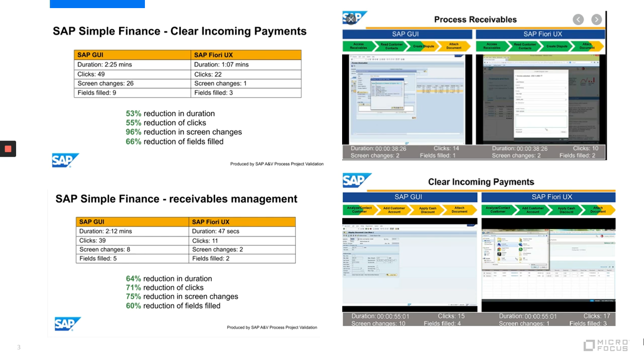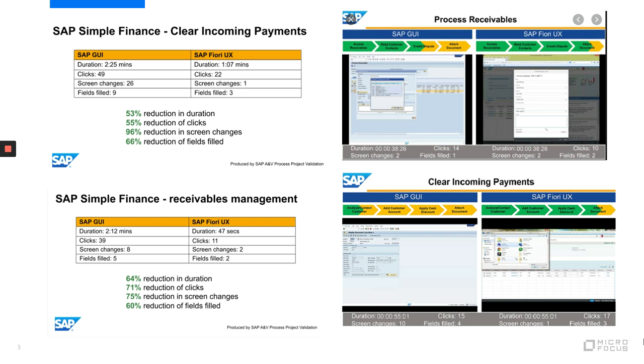Fiori also has a lot of automated areas directly on the UI, so you don't have to fill out too much information. You have to do much fewer clicks than on a SAP GUI transaction. And this makes it very attractive for SAP customers transforming to SAP Fiori apps.